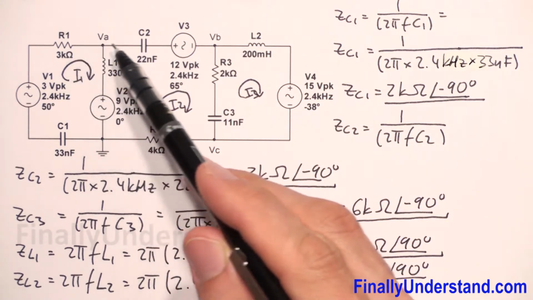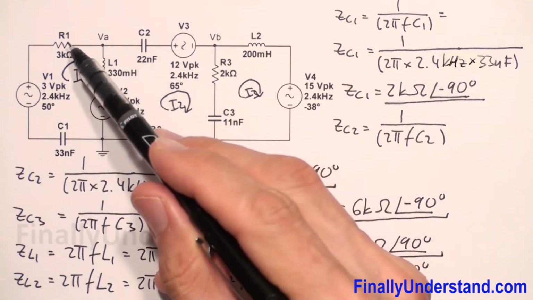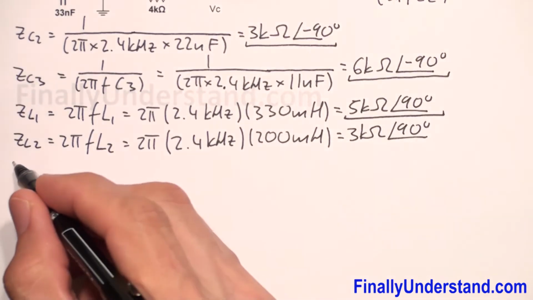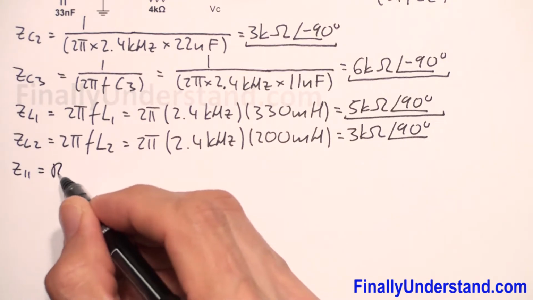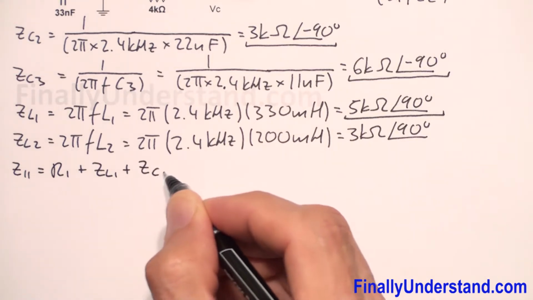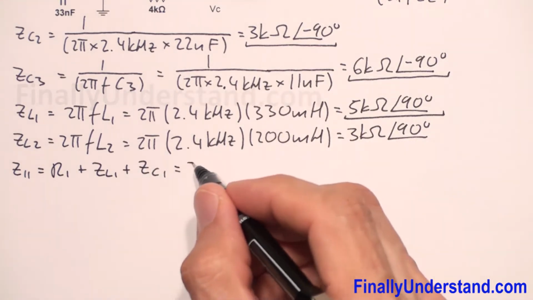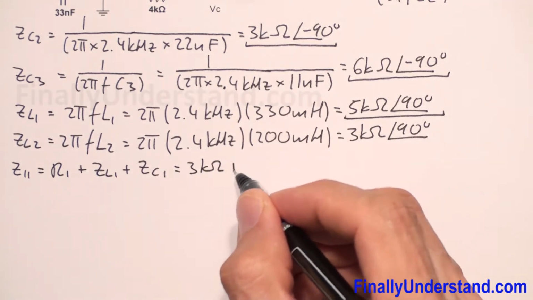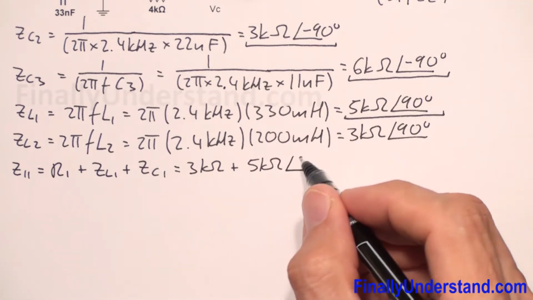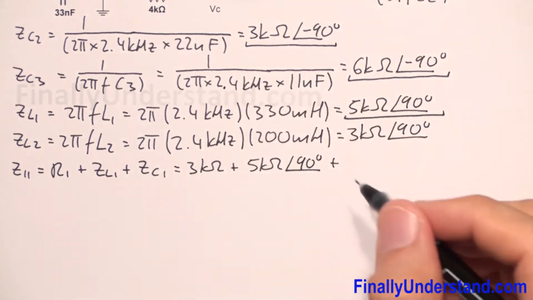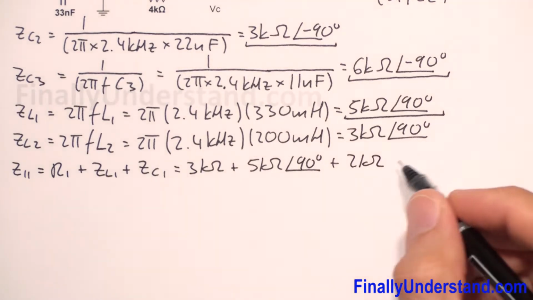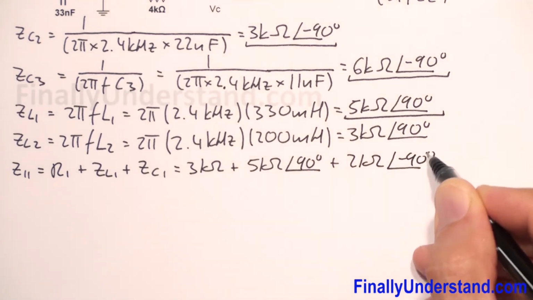Okay, so next we're supposed to find Z11. Z11 is the sum of the impedances in loop 1, like we said before. So this is R1 plus ZL1 plus ZC1, where R1 is equal 3 kiloohms plus ZL1, 5 kiloohms and angle of 90 degrees, plus ZC1, which is equal 2 kiloohms and angle of negative 90 degrees.